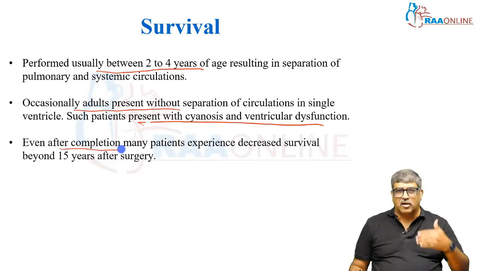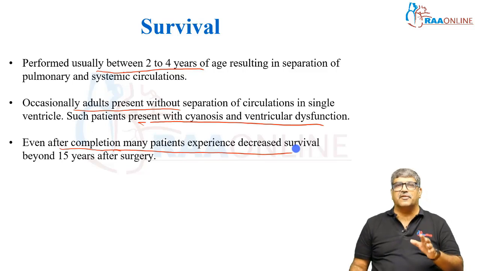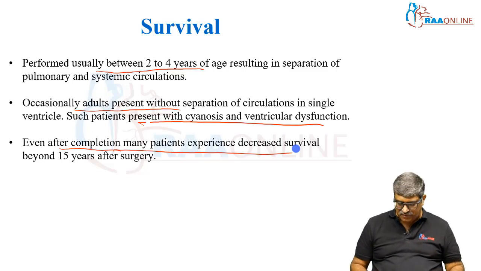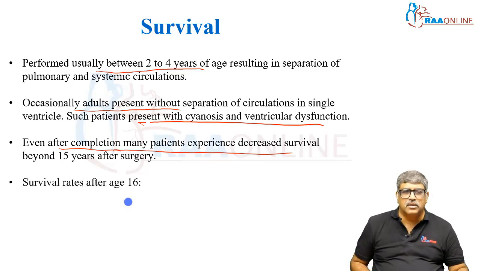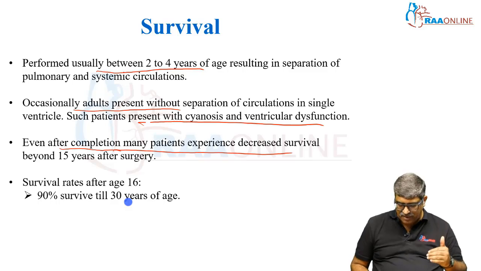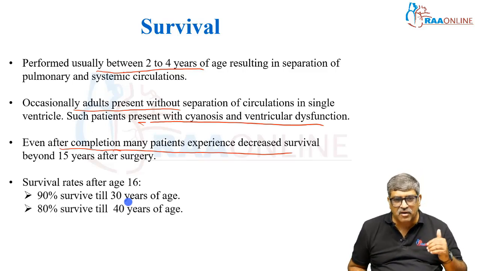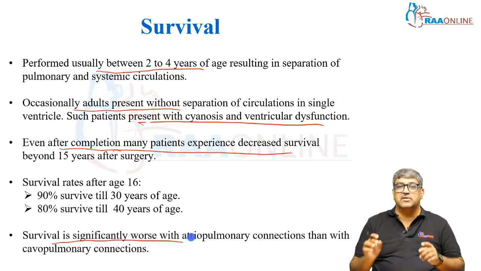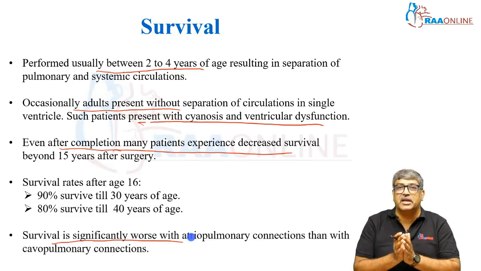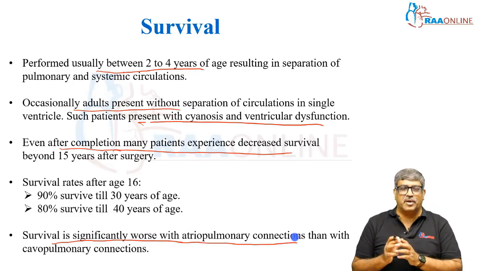Even after completion Fontan, many patients experience decreased survival beyond 15 years after surgery. After age 16, around 90% survive till 30 years of age and 80% survive till 40 years of age. The survival is significantly worse with atriopulmonary connection than with cavopulmonary connection.